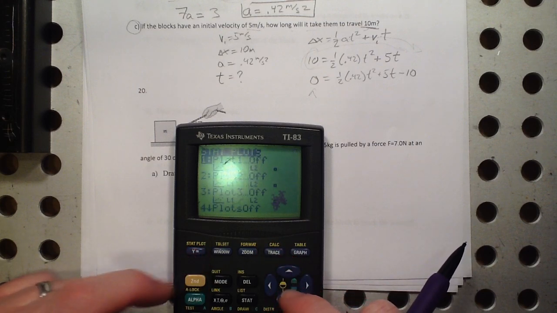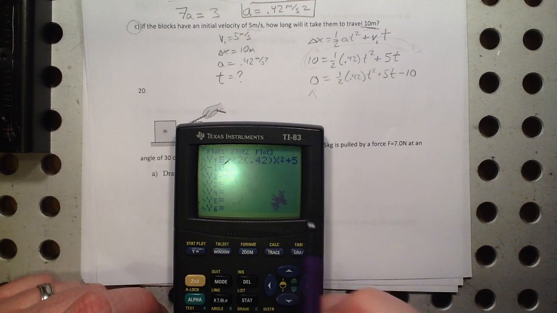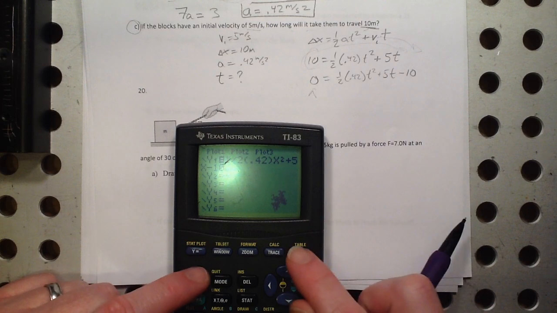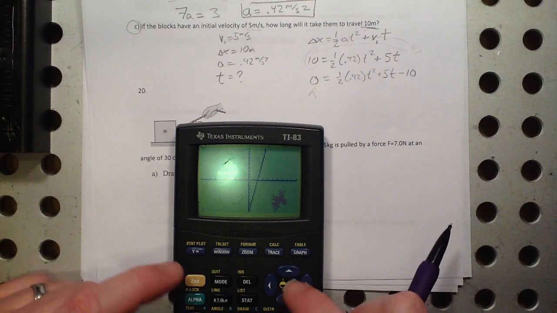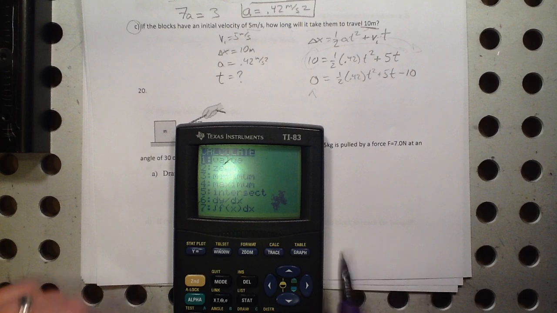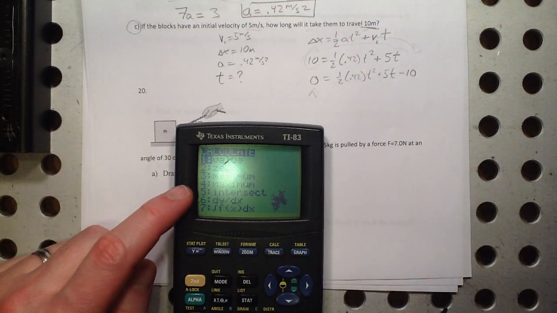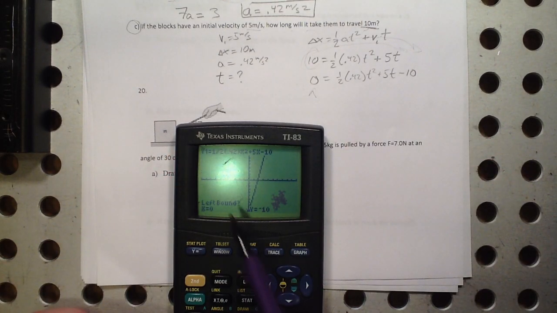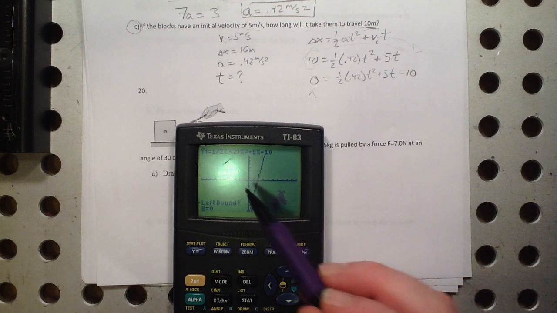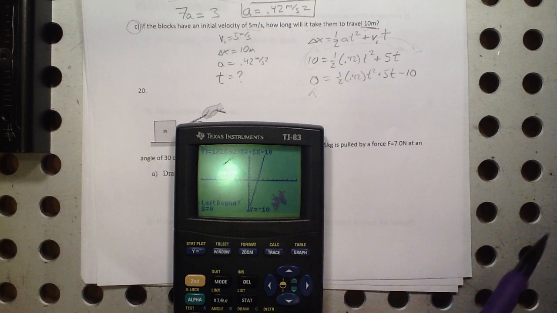I have to do the left bound and the right bound here. It looks like it definitely happens between 0 and 10, so I'm not going to play the cursor game. I'm just going to type those in. 0, right bound is 10, and that crosses at time equal to 1.86 seconds.